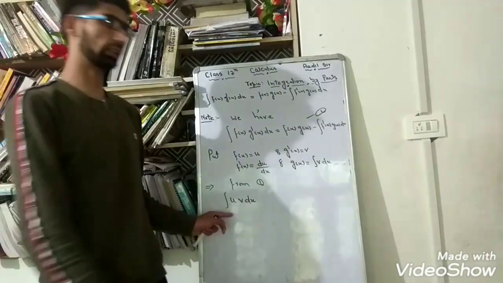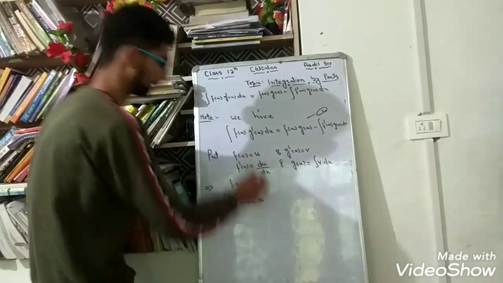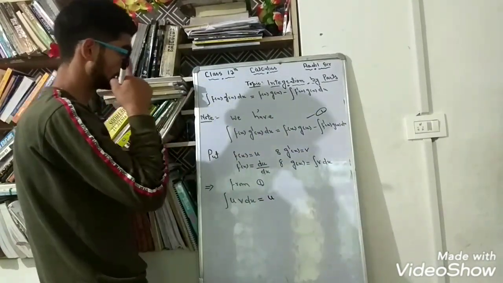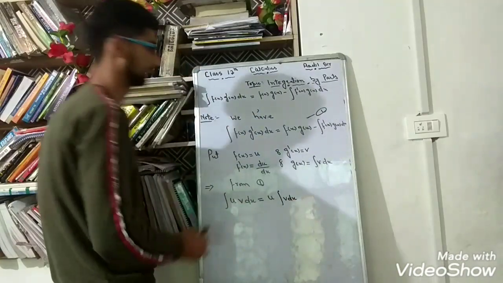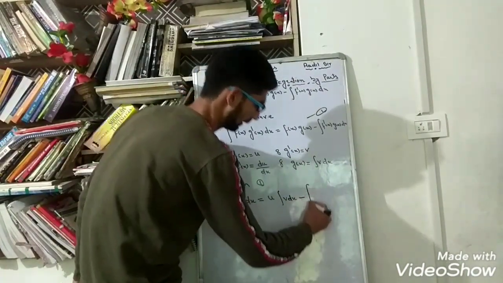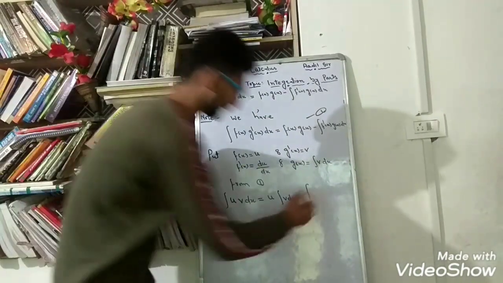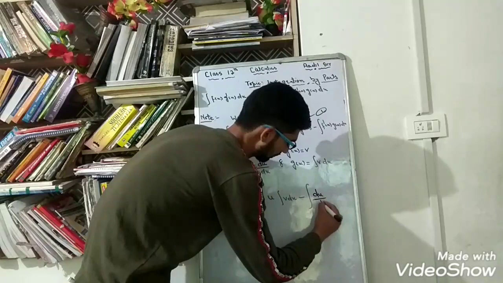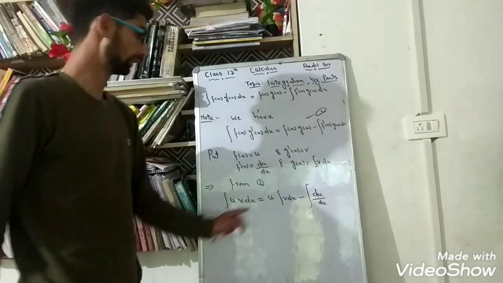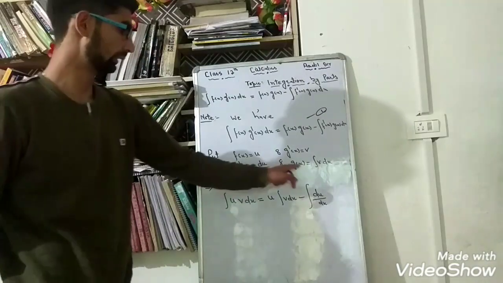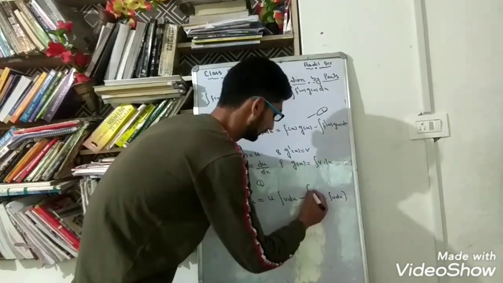So I am getting the integral of the product of two functions u and v equal to f of x, that is u, times g of x, that is integral of v dx, minus integral of f dash of x, that is du by dx, the differential coefficient of the first function u, times g of x, that is integral of v dx, dx.